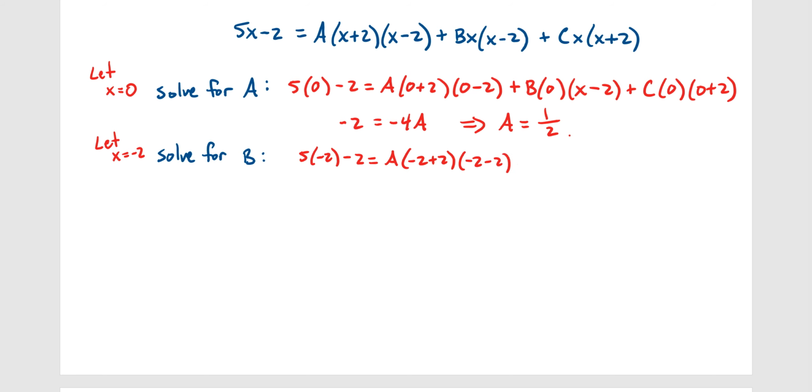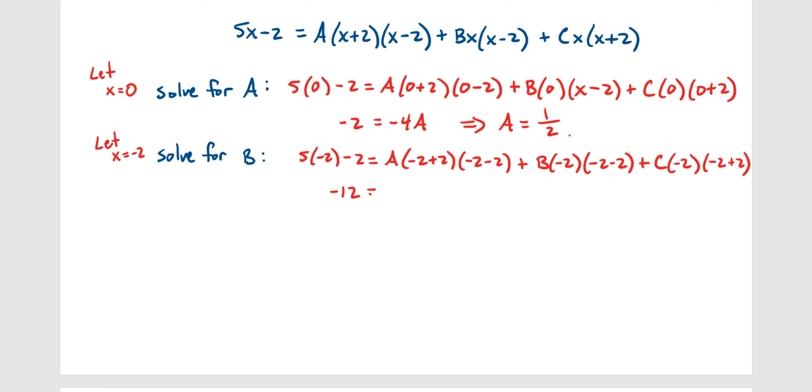And then for b, it's b times negative 2 times negative 2 minus 2 plus c times negative 2 times negative 2 plus 2. So once again, the a and the c are going to completely cancel off here, which is what we wanted. On the left-hand side, we get negative 10 minus 2, so negative 12.